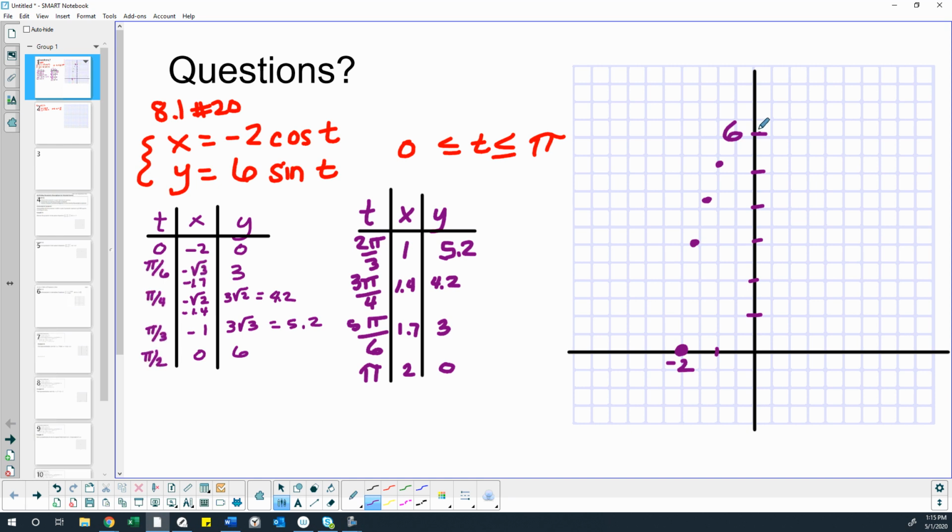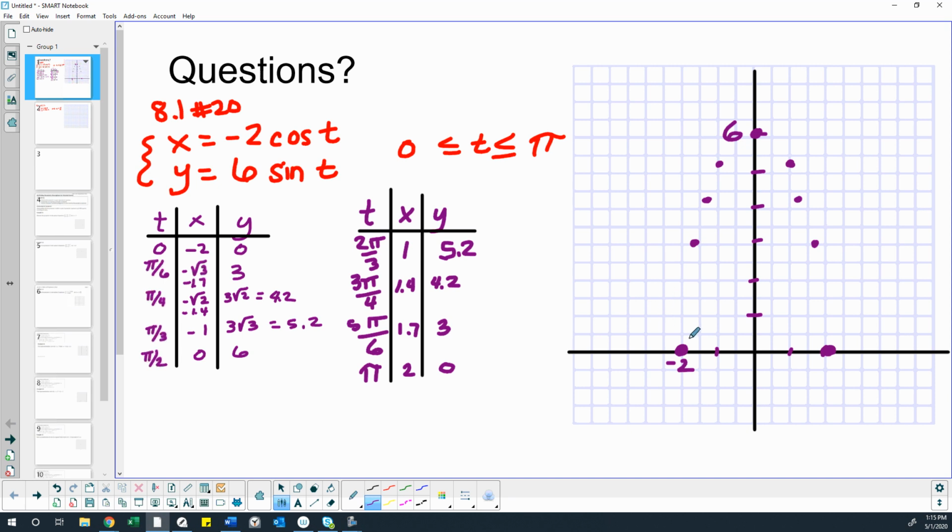And then we have 0, 6. And then we have 1, 5.2. So these are just going to be symmetric, so just copy over my approximate dots. And then 2, 0 here. And it ends there. So yeah, it kind of looks like a parabola.